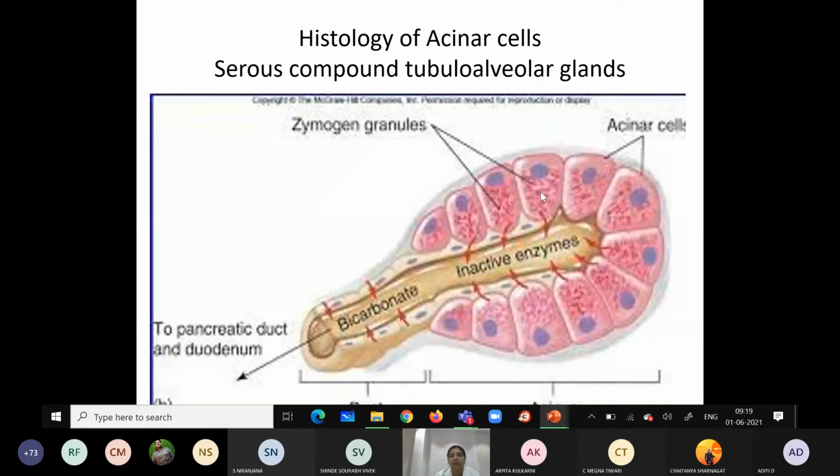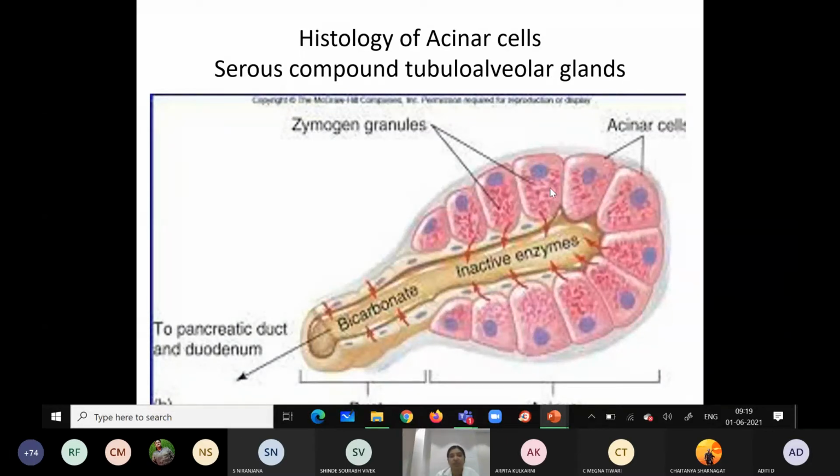Because the acinar cell is heavily loaded with zymogen granules, right? Now these zymogen granules are the storage granules. These enzymes are synthesized and stored in the zymogen granules in the acinar cells.